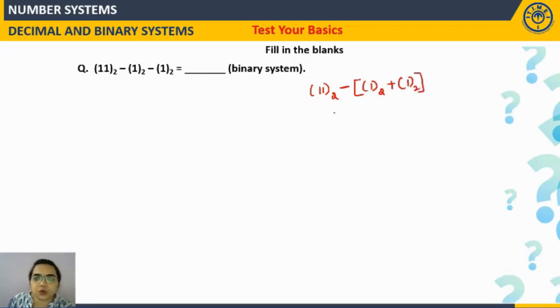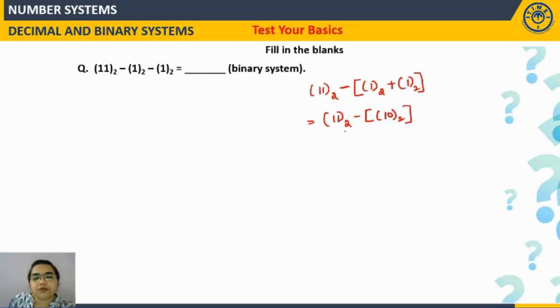What is 1 to the base 2? It is nothing but 1 in decimal, right? So 1 in decimal plus 1 in decimal is 2 in decimal form. Now 2 in decimal form can be written as 1 0 in the binary form. Yes or no? Yes. So this is 1 0 in the binary form.